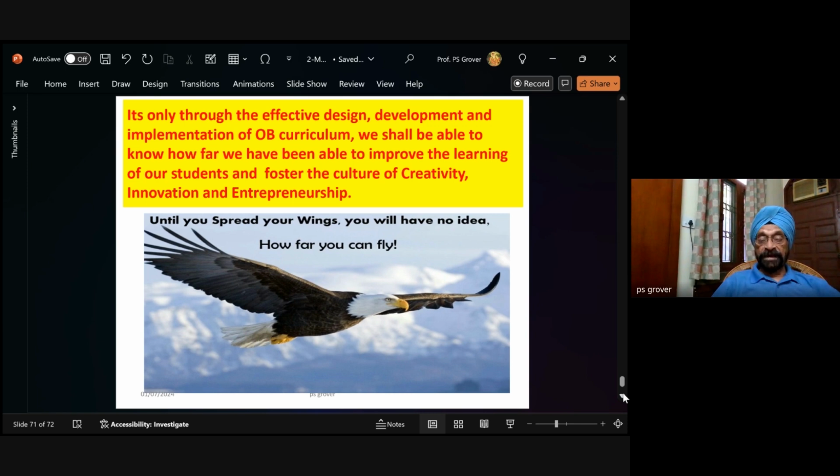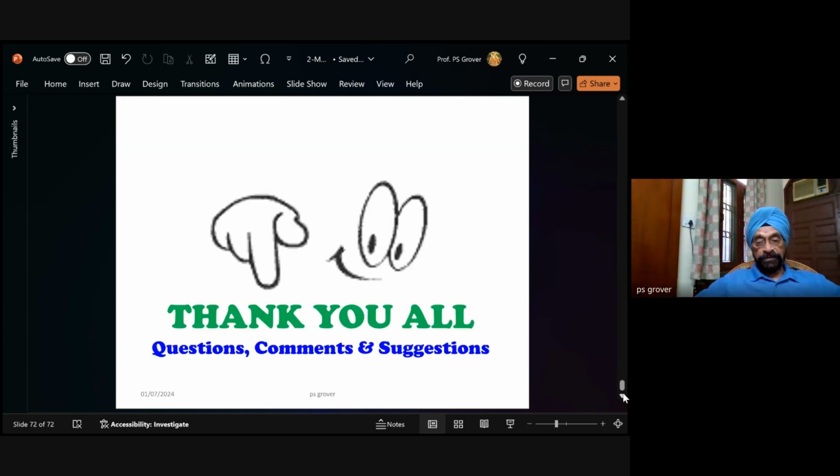So unless we design our curriculum based on these intended program outcomes, we will not be able to come out with what industry or a knowledgeable society wants. So until you spread your wings, you will have no idea how far you can go. Our students are good, our teachers are good, they need to be given a good curriculum, good implementation, and so on.